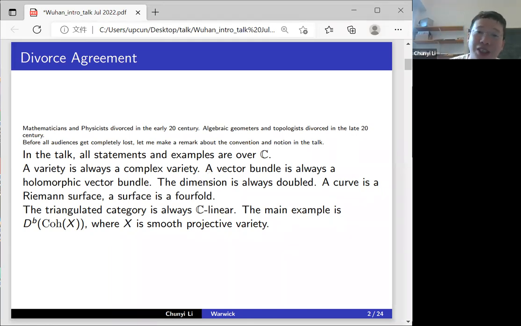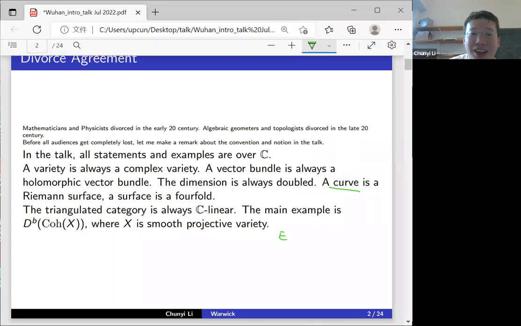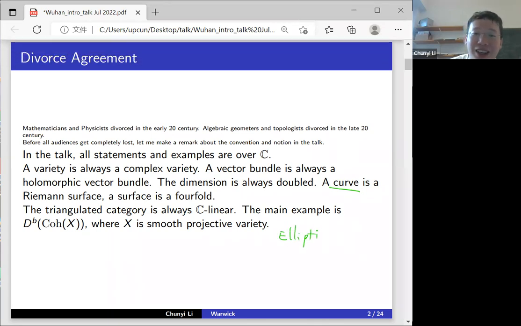For example, the main character among curves is the elliptic curve. By an elliptic curve, I mean, topologically, this. Yeah, a Riemann surface, as you would call it.